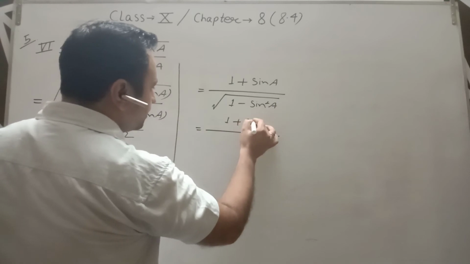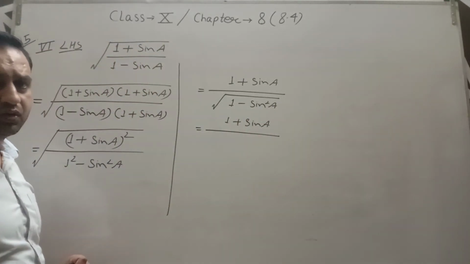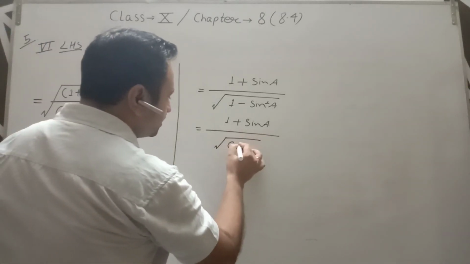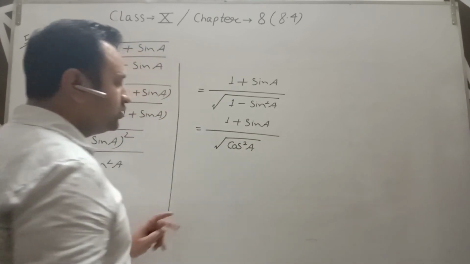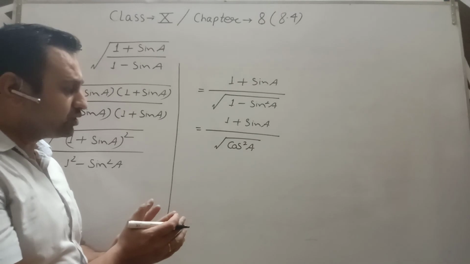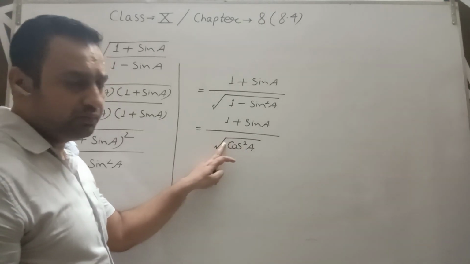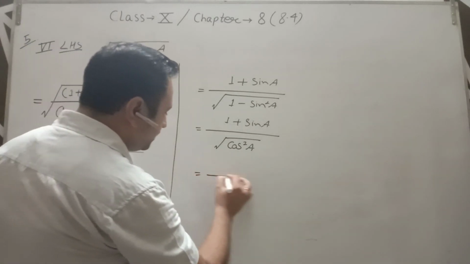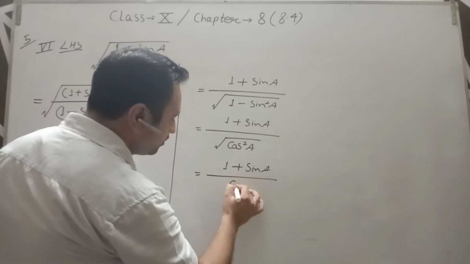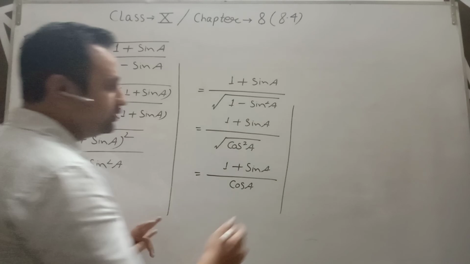1 plus sin A. 1 minus sin square A is equal to cos square A. And we know that cos square A means cos A whole square. So square and under root both cancel out, and the denominator is only cos A. Now just distribute denominator in both.